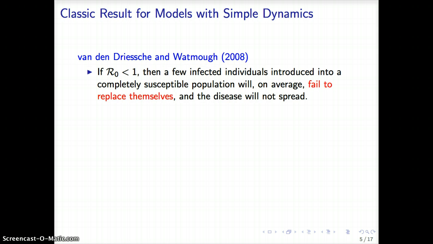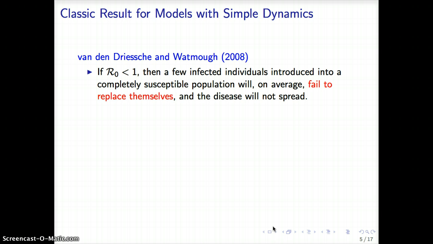So, what we would like to keep in mind is that this quantity serves as a quantification of the number of secondary cases, but it also provides a threshold condition. And this threshold condition is around 1.